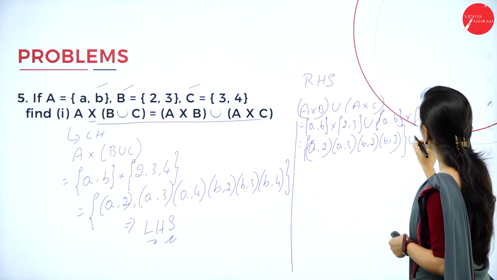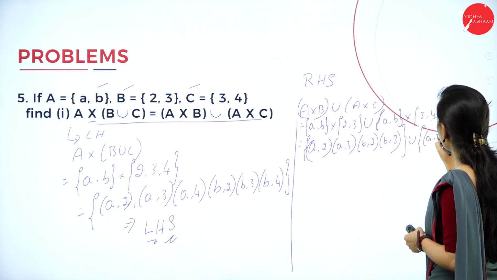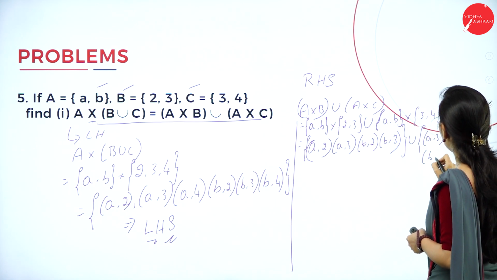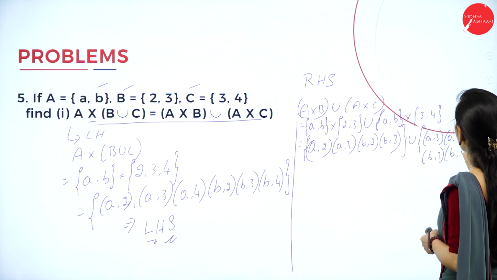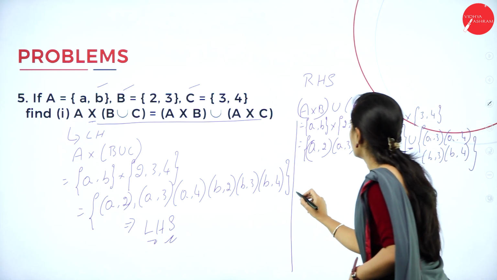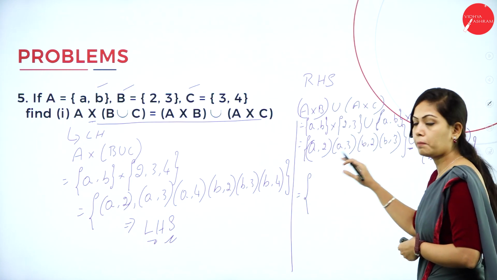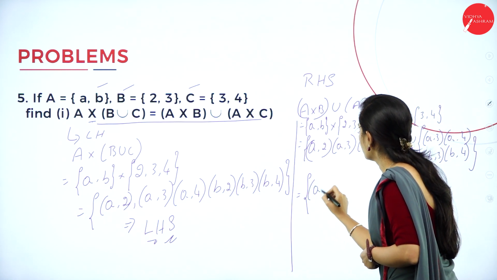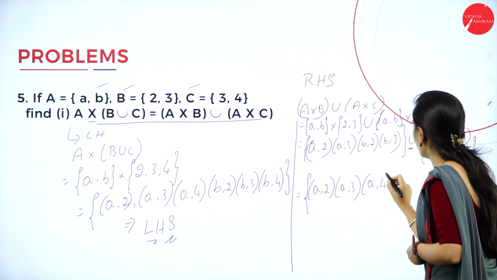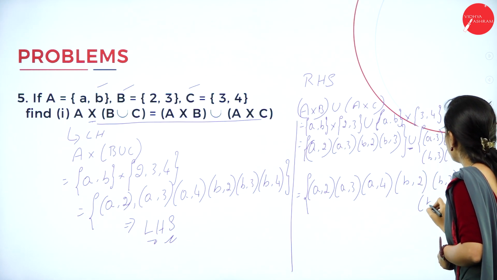So A cross C is (a,3), (a,4) and (b,3), (b,4). Now find out the union operation again. So what is the union operation? You combine all the elements here: (a,2), (a,3), (a,4) and (b,2), (b,3) and (b,4).